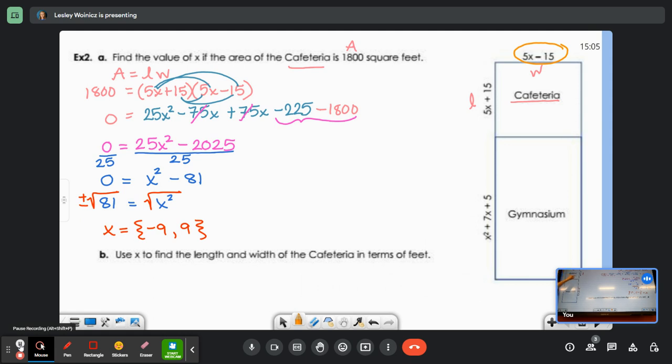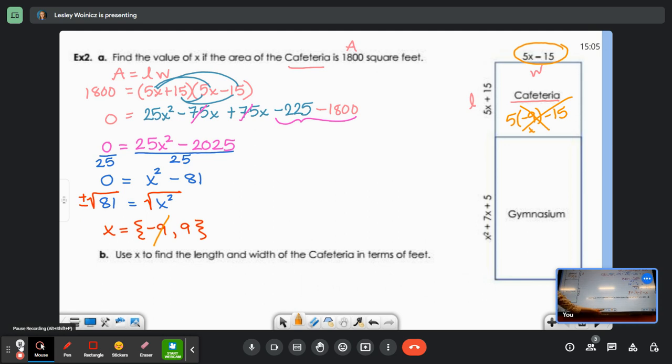Test it. So I'm going to say 5 times negative 9, because that's my x, right? Minus 15. Does that give me a positive answer for my distance? No, it's a huge negative number, right? So this doesn't work. So negative 9 doesn't work. Everybody happy with that? But on this one, I had to test it first.